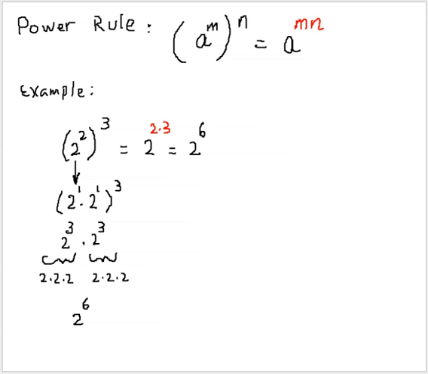So if I look at another example, if I have b to the power of 2 to the power of 8, all right, Sandra, can you tell me what would be here? It would be b to the power of what?